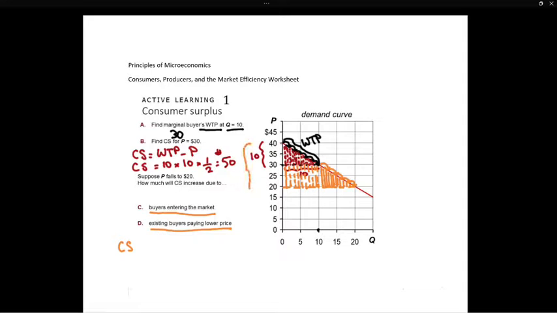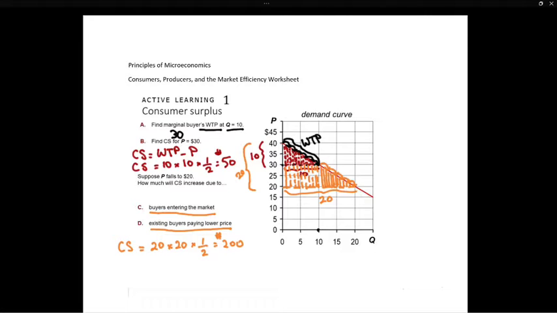Now we have 20 units here, and we have 20 units here. And let's calculate that area, the area of that triangle, and that'll be $200.